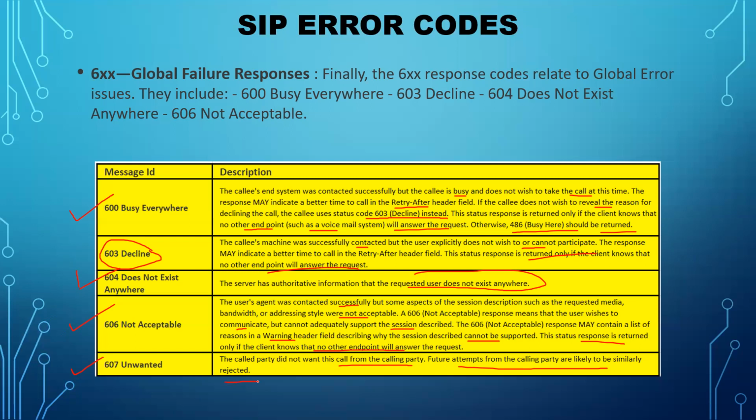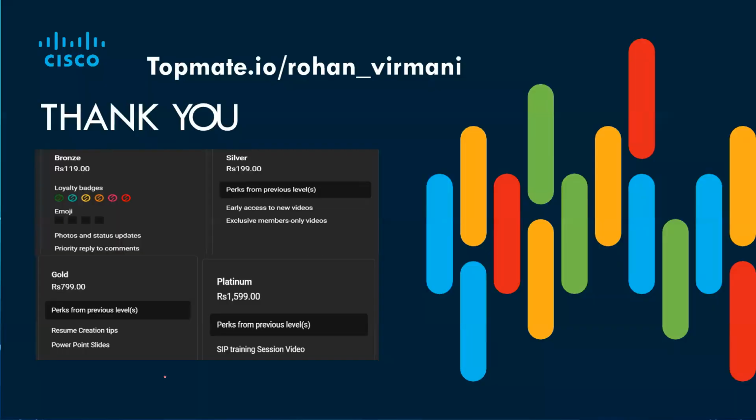Any future request on your cell phone from the same number will be rejected automatically. Here it's the same. The called party did not want this call, and future attempts from the calling party are likely to be similarly rejected. Then you will get this 607 unwanted message.